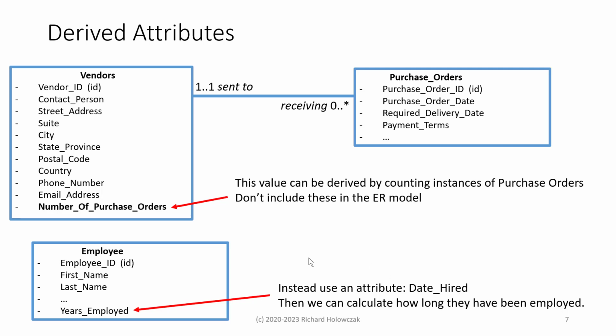Then when someone asks, how long has this employee been with the company? We can easily calculate how long they've been employed by taking today's date and subtracting the date hired. That's how we can figure out years employed. So years employed can be derived, but we're going to need an attribute like date hired in order to make that calculation in the future.